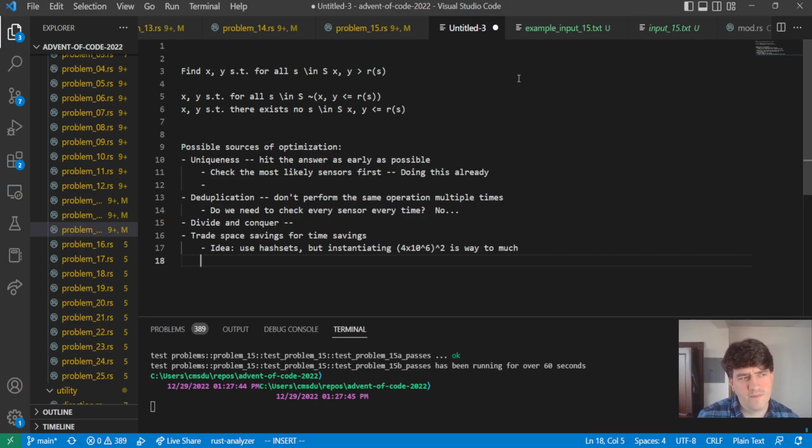It's a fairly simple condition. So what I'd like to do is basically some version of the uniqueness check. Like, don't check every pair.